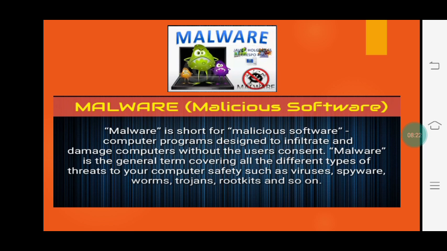Malware includes computer viruses like worms, Trojan horses, spywares, rootkits, and so many viruses are there. Malware is the general term covering all the different types of threats to your computer safety.